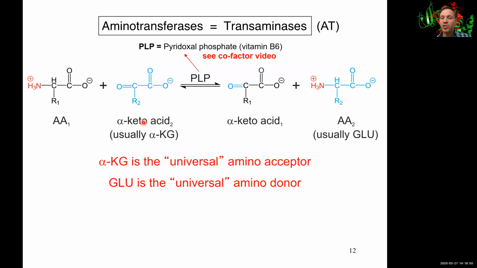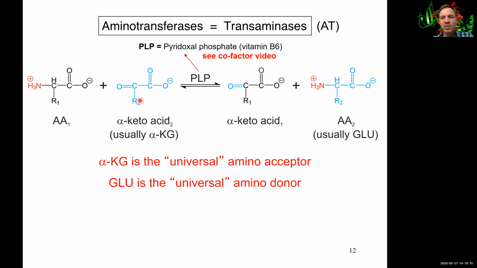Like we showed in the overview, everything culminates in glutamate to give over the amino group. In these reversible reactions, those are two major players. So let's assume we're working with alpha KG and glutamate. You're bringing in your desired amino acid that you want to break down, and your second substrate for the aminotransferase is your alpha keto acid here in blue.